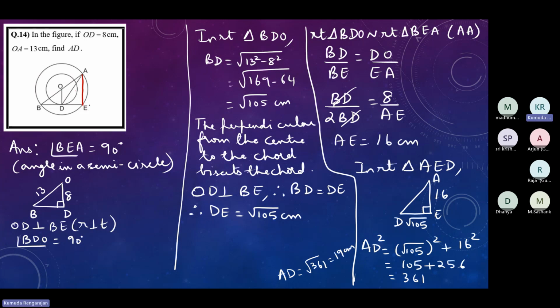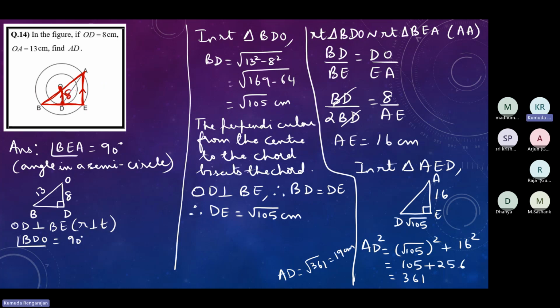You can also find AE using the midpoint theorem, children. I have found AE using similarity. You can also find AE using the midpoint theorem. See this triangle. In this triangle, D is the midpoint of BE. O is the midpoint of BA. So the line segment joining the midpoints is parallel to the third side and equal to half the length of the third side.